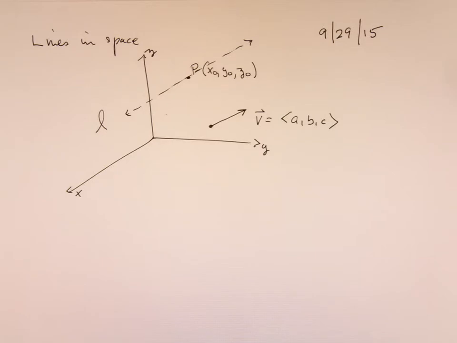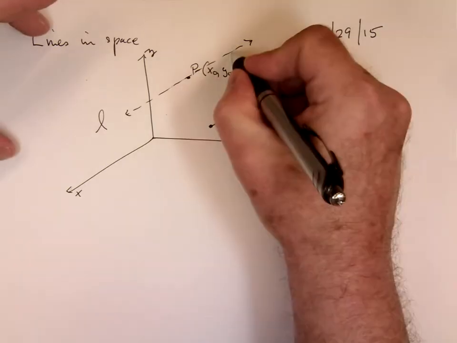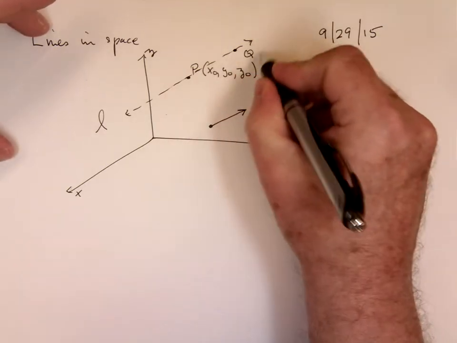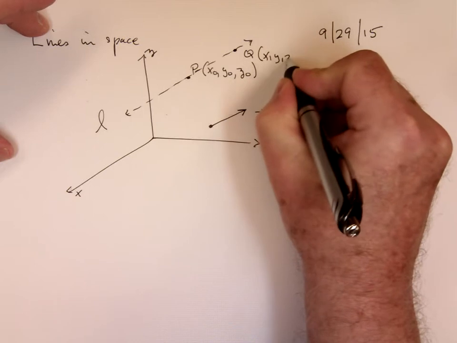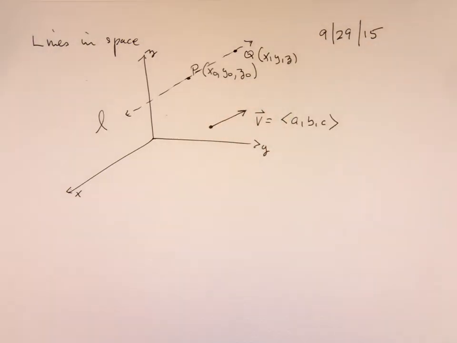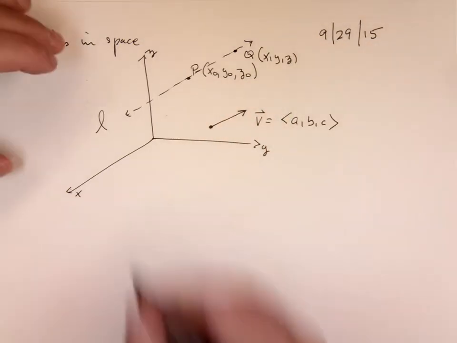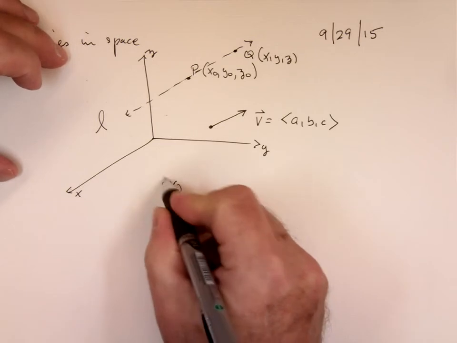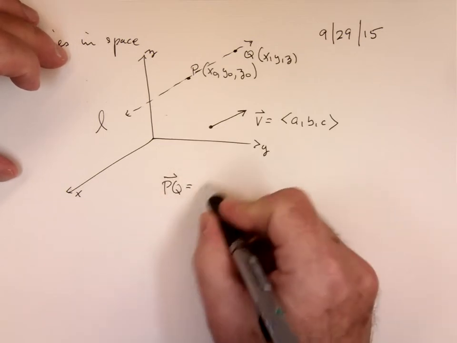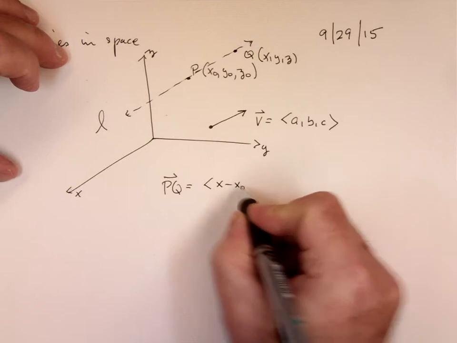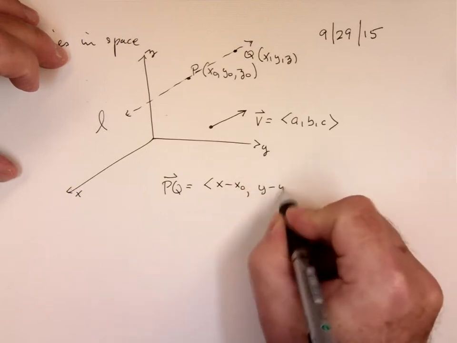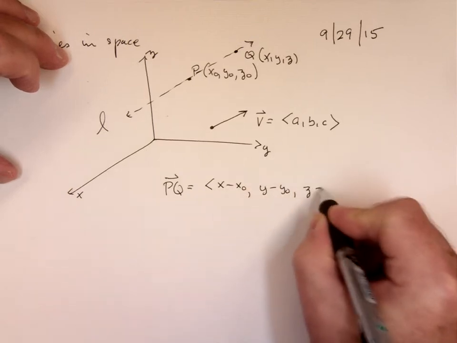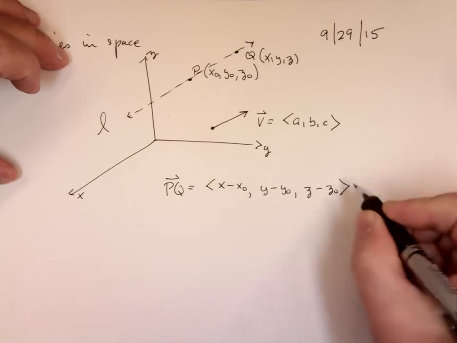If a point is going to be on this line, let's say Q, and have coordinates x, y, z, what must be true about vector PQ? Vector PQ is equal to x minus x sub naught, y minus y sub naught, z minus z sub naught.